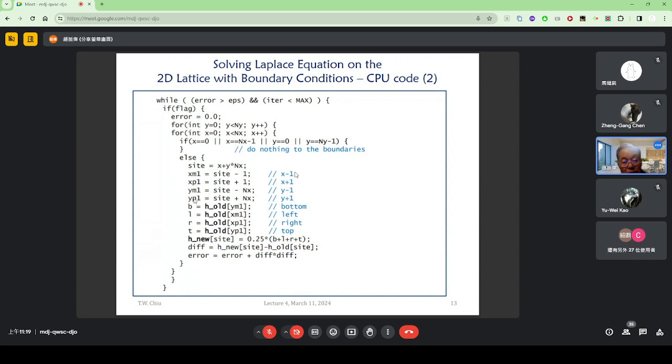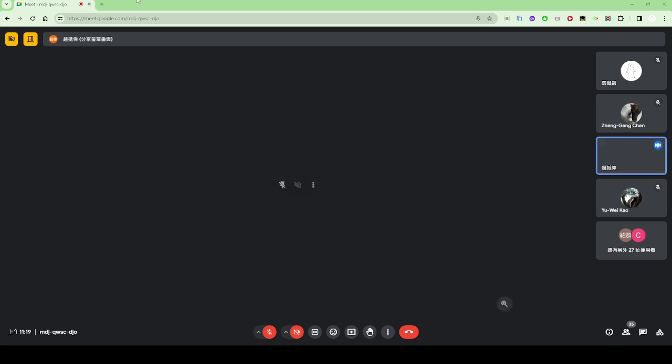This is a one-dimensional array, but it represents the two-dimensional lattice, and according to the numbering scheme I use, each change of y will change the site number by nx. So y minus 1 will be minus nx, y plus 1 will be the site number plus nx. For x, just minus 1 and plus 1.